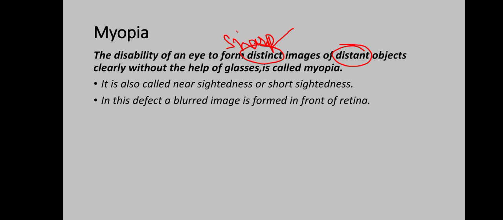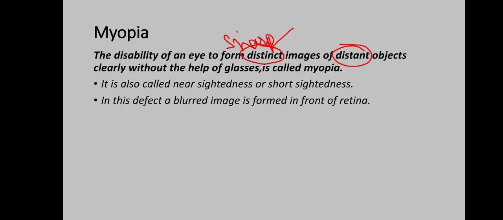In this defect, a blurred image is formed in front of the retina. So what happens in this defect? In myopia, the eye lens cannot accommodate, cannot see the distant objects clearly, cannot accommodate according to the need, according to the necessity.